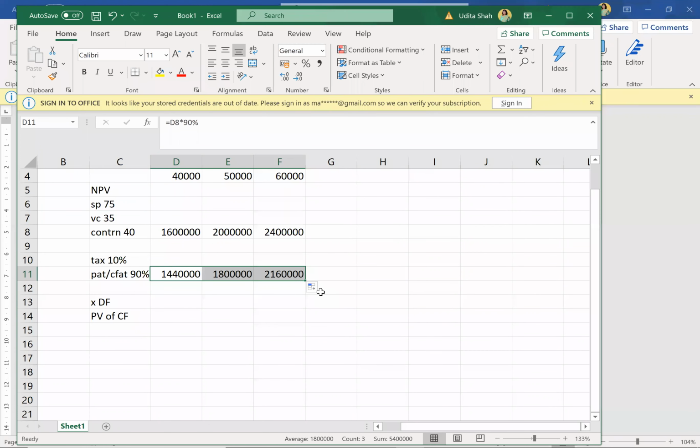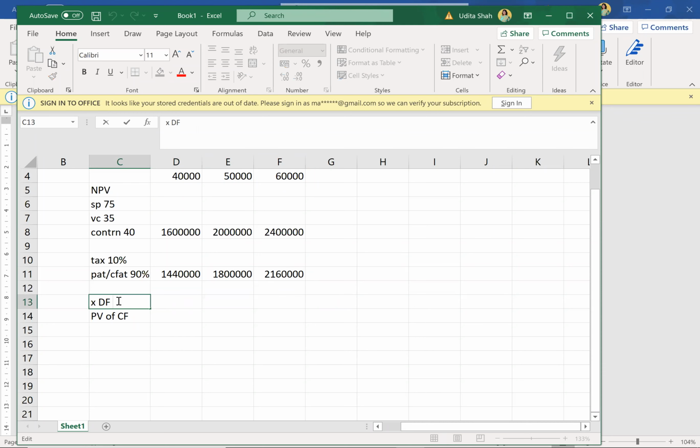See, I am simplifying this so that we can make an equation out of this. The discounting factor at 10% is 1 divided by 1.1 raised to 1.